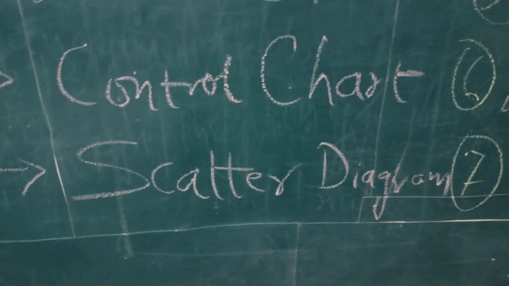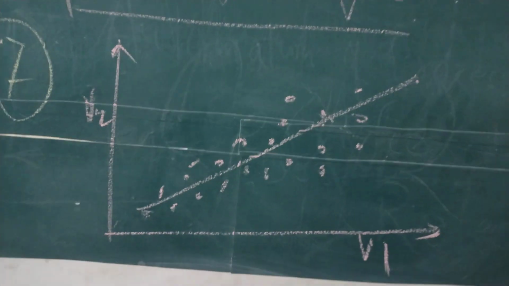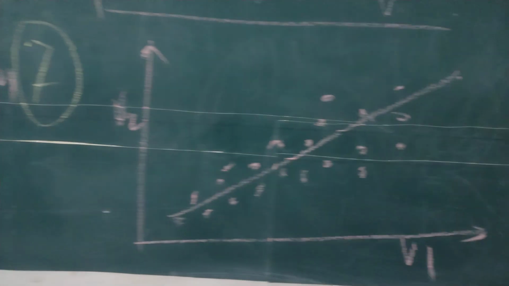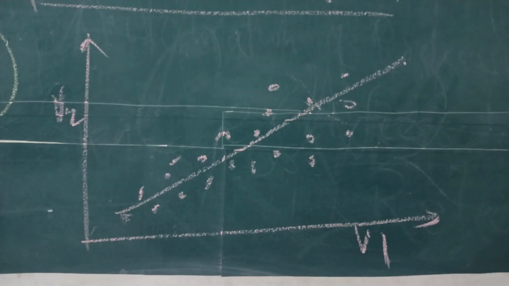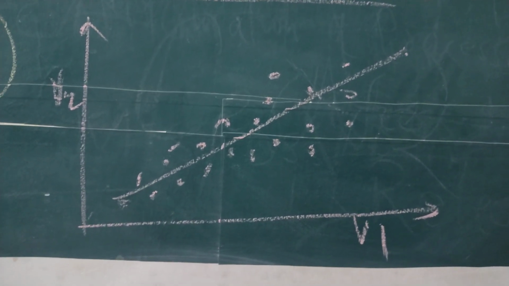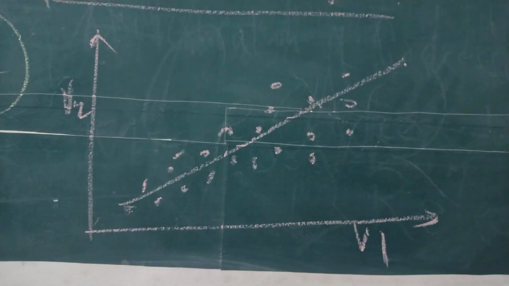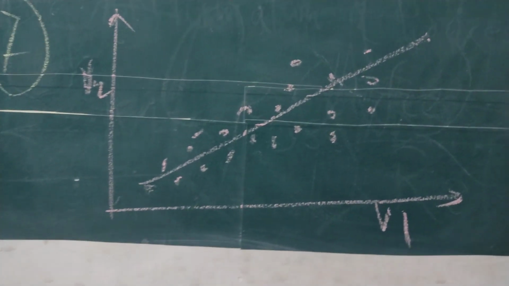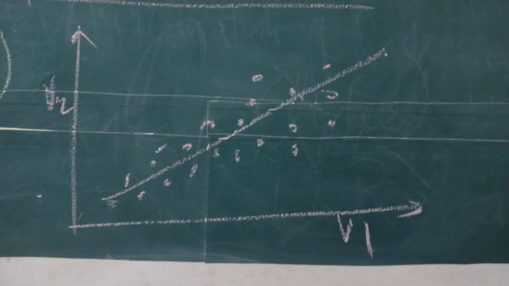And the seventh tool is the scatter diagram, which is a very important and powerful tool that shows the relationship between two variables. Here you can see v1 and v2. Why is it called scatter? Because we draw the graph between variable 1 and variable 2, one an independent variable and the second a dependent variable, and it shows how strong the relationship is between these two variables, how the dependent variable is affected or impacted by the independent variable.